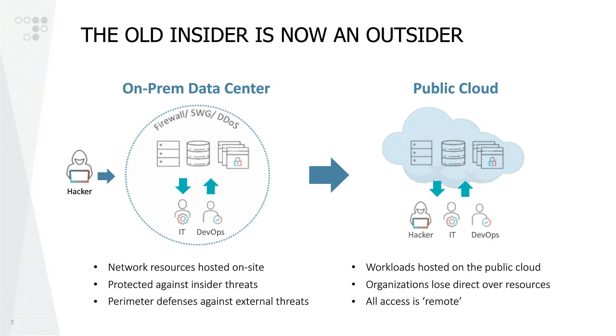So in this environment, it emerges that the security perimeter of cloud-hosted resources is no longer defined by where they're located or by what defenses they have surrounding them, what perimeter protections, but rather what are the permissions that users have to access them. And this is what distinguishes between IT staff who have legitimate access and hackers who should be prevented from that access. So let's look a little bit at that.